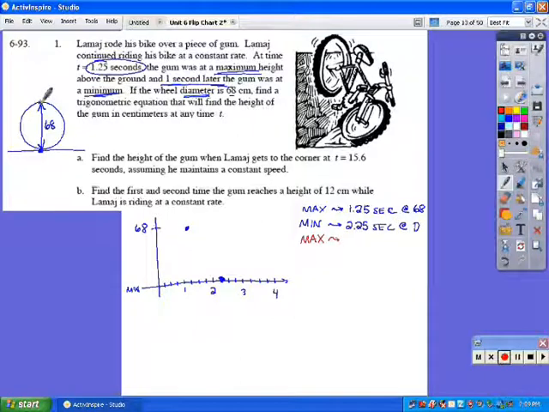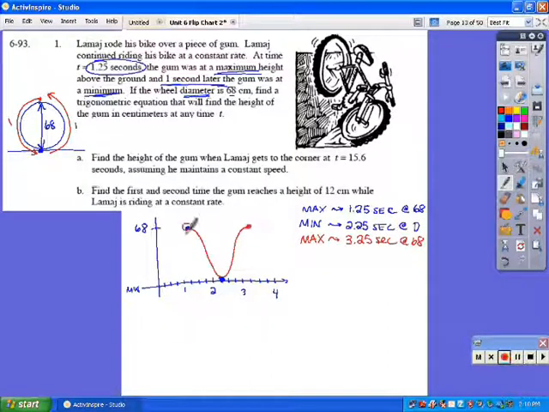So 1 second to go from here to here. And it's going to take another whole second to get back to the top. So 3.25 seconds. And we'll be back at 68. So 3.25 back up to 68, and that gives us our curve.